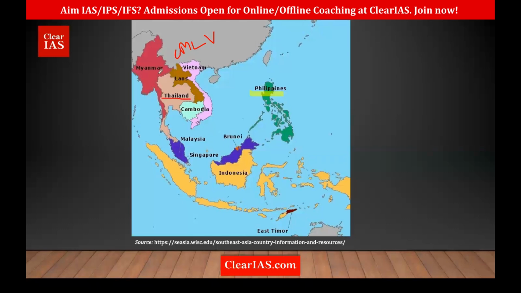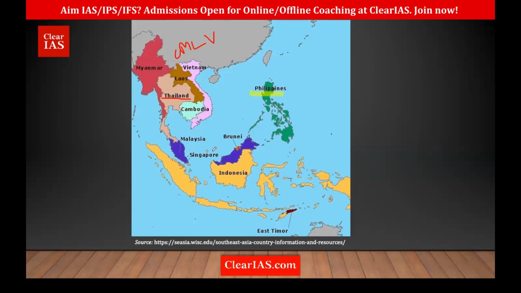This is also called the Indo-China region. Whenever we talk about the India-China border, it is the Sino-Indian border, and this region is called the Indo-China region. So we have Myanmar, Vietnam, Laos, CMLV, Cambodia, and Thailand.